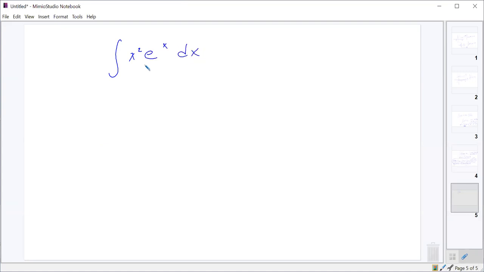And we know that one of the 2 pieces of this, in fact, this piece of it, differentiates down to 0. If I were to repeatedly differentiate it, you can just do the integration by parts in a shorthand called tabular integration. So take the derivative of the x squared as 2x, take the derivative of 2x as 2, and take the derivative of the 2 as 0. And then from there, you take the integrals of e to the x.